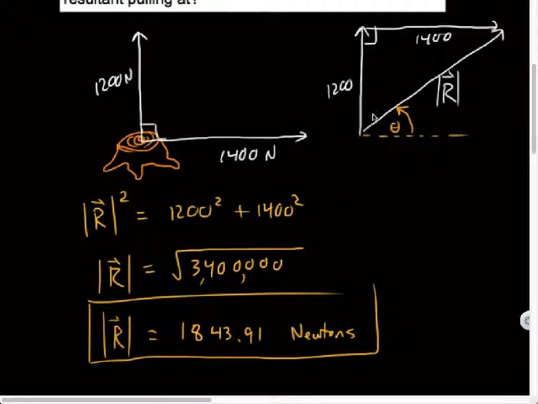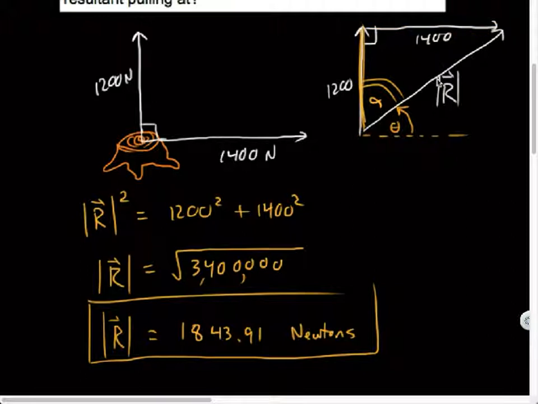So there's my resultant. How do I find my angle? Well, in my little right triangle here, I'm going to call this alpha. From angle alpha's perspective, what leg is the 1,200? Adjacent. And what leg is this one? Opposite.